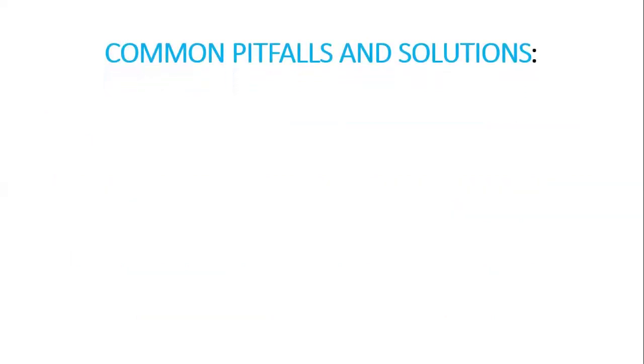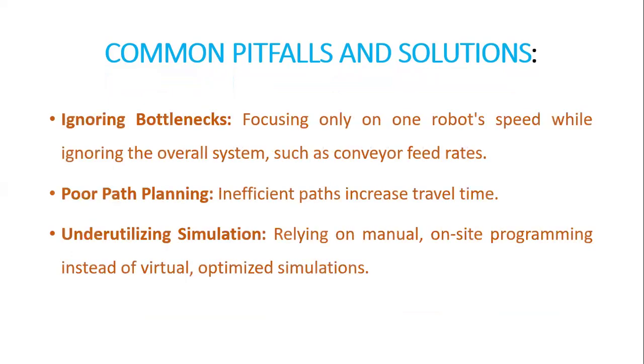What are the common mistakes and solutions that will be seen in all types of automation environment? The first one is ignoring the bottlenecks. Next, unsequenced or poor path planning. And the last one is underutilizing the simulation tools used for regular practices.